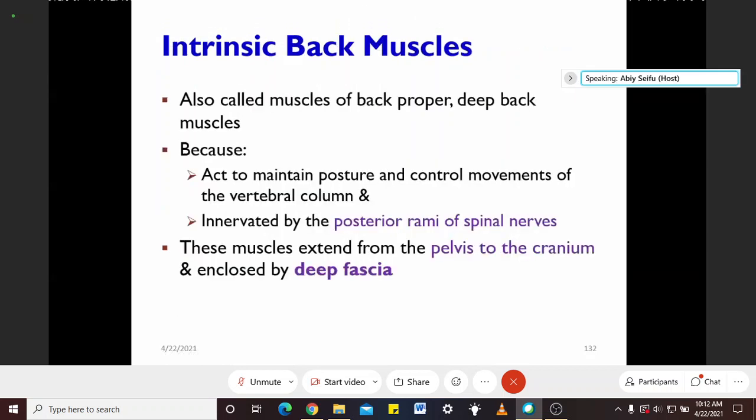Now let's continue to the intrinsic back muscles. These intrinsic back muscles are also called proper back muscles or deep back muscles, because they act on the vertebral column to maintain posture and create movement on the vertebral column, and they are innervated by the posterior ramus of the spinal nerve.